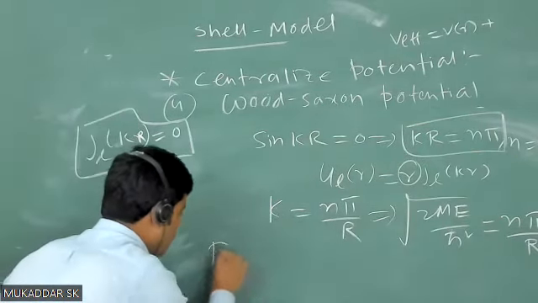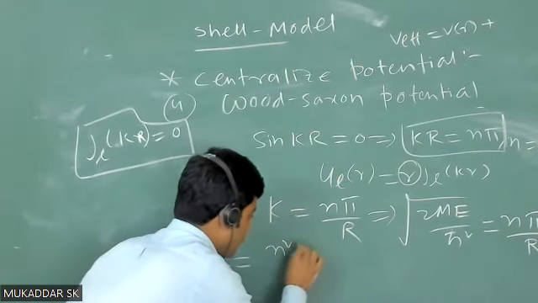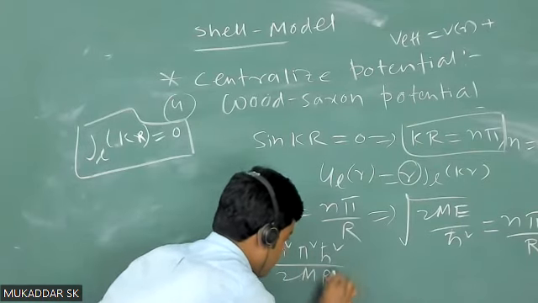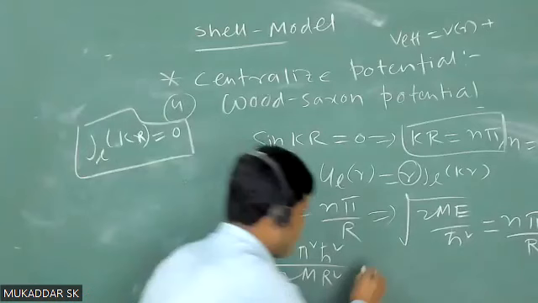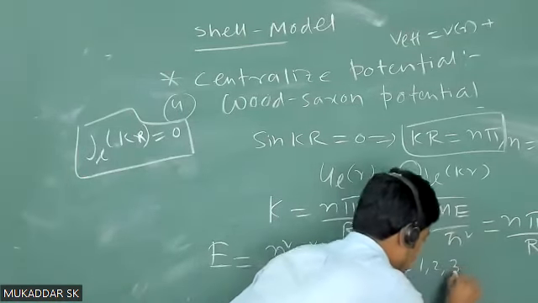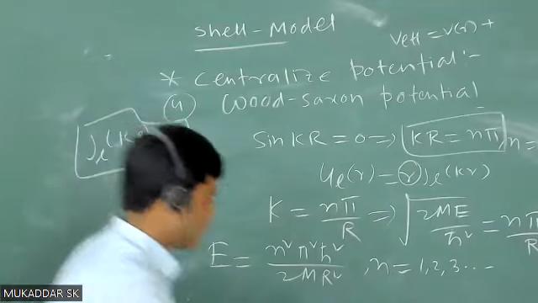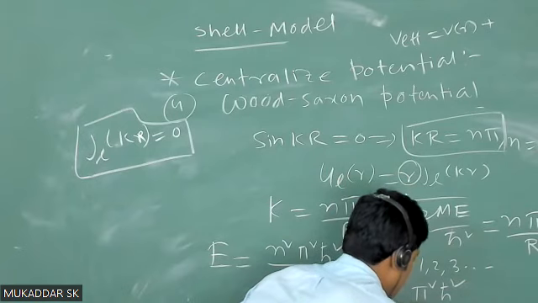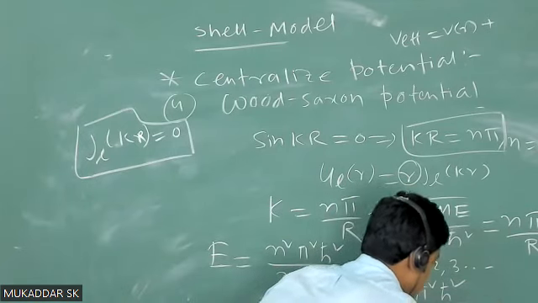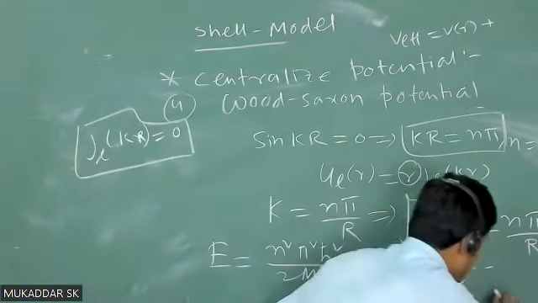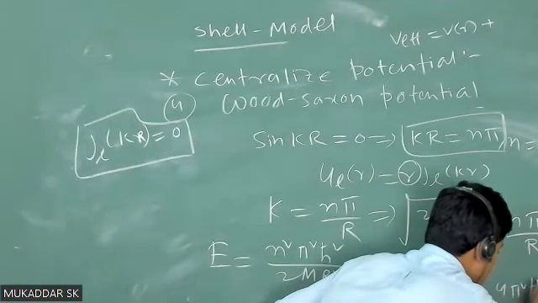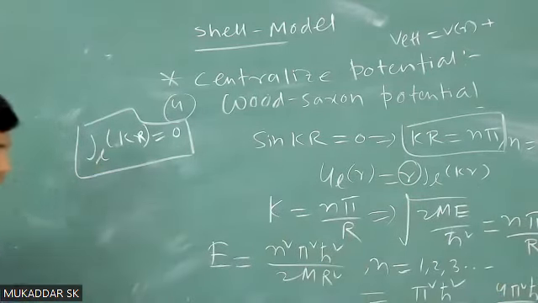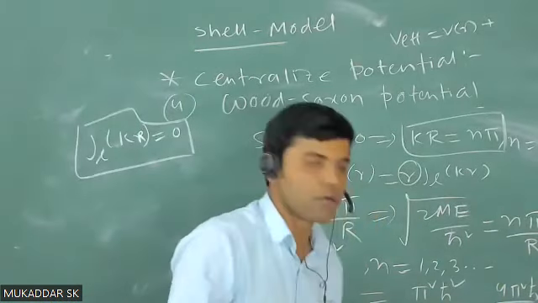It means E will be n square pi square h cross square by twice m into r square, with n values 1, 2, 3 and so on. Now if you substitute those n values, the least energy will be pi square h cross square by twice m r square. Then the second possible value will be 4 pi square h cross square by twice m r square and so on. Now can you please tell me these values will be corresponding to which orbit?